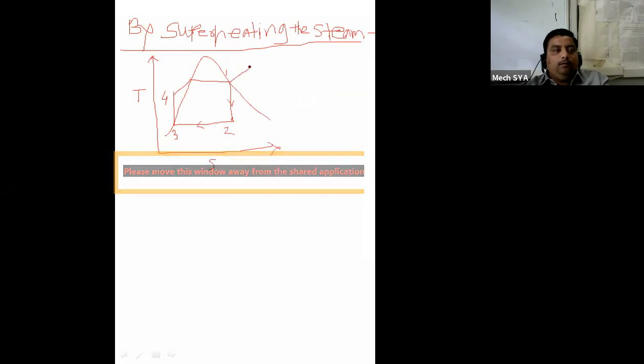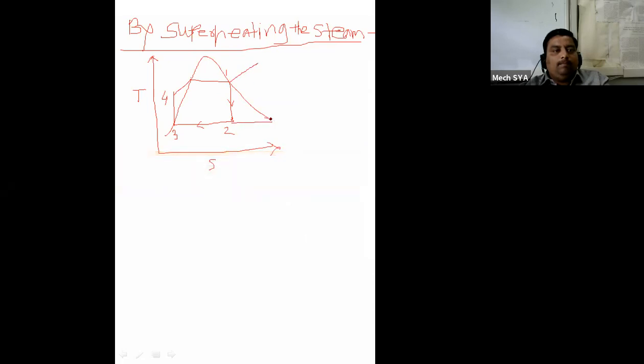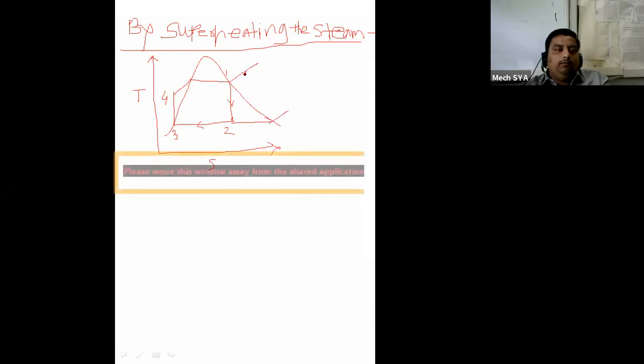By superheating the steam, here we get the 1 dash point, and from this we have to go for isentropic expansion.